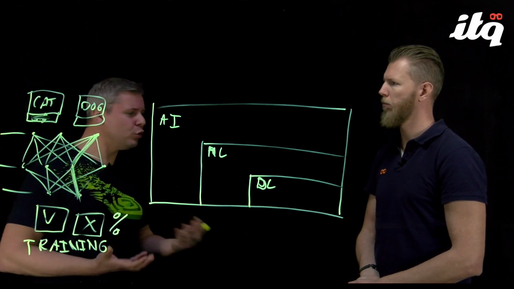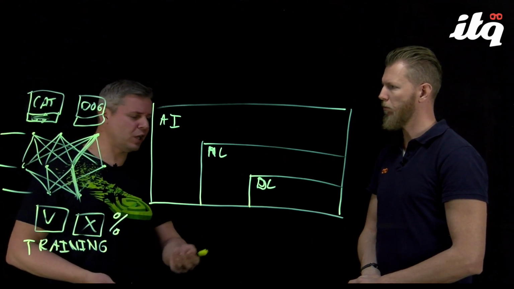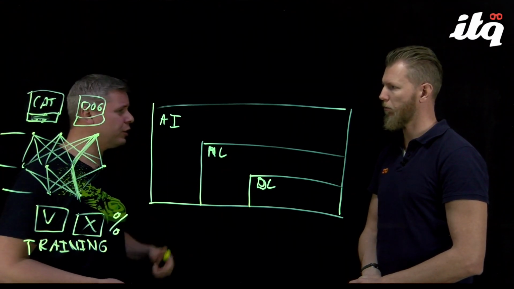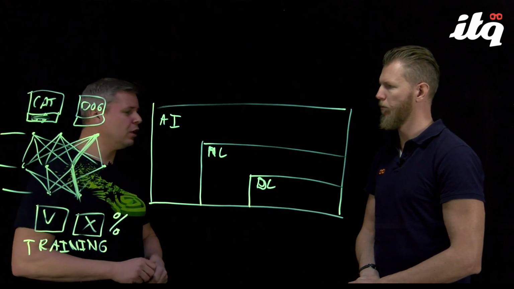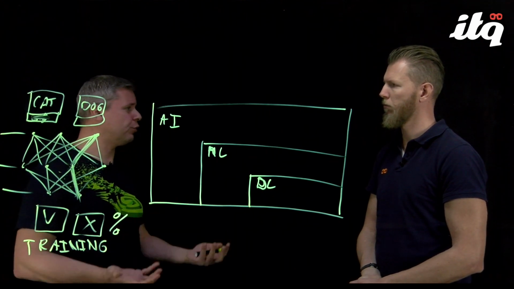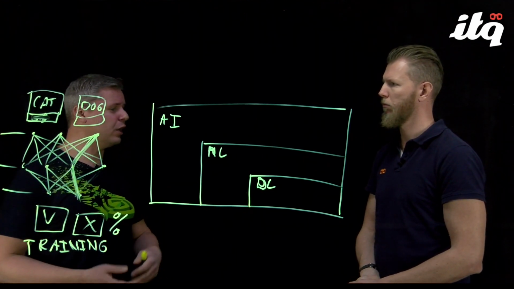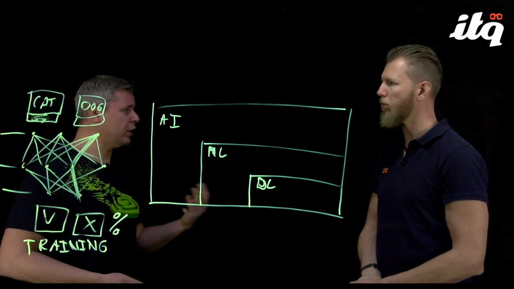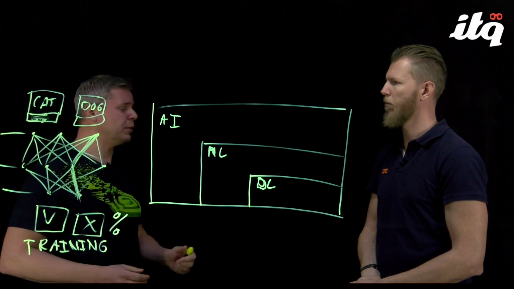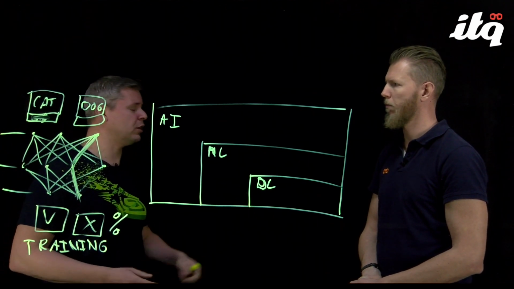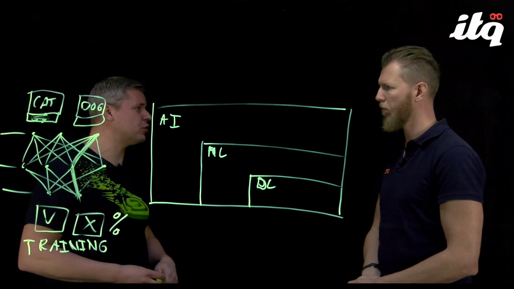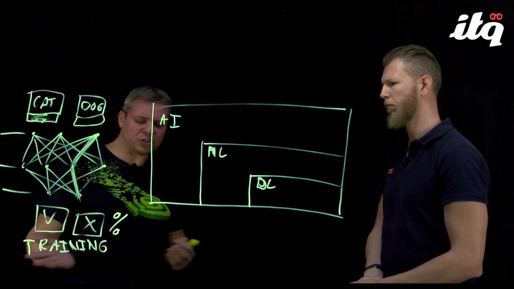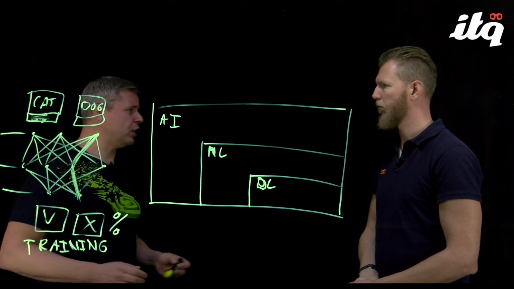Making use of a trained model, and this is the same as when you use Siri on your iPhone. What you do is basically inferencing, because there is a trained model which is able to understand the words that are coming out of your mouth and act, or at least trigger some events. So that's the difference between inferencing and training.